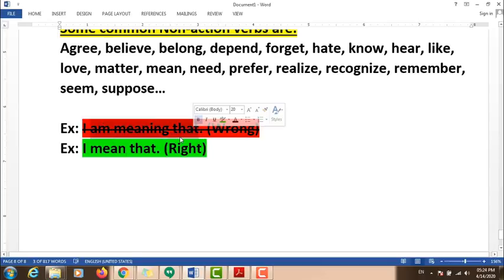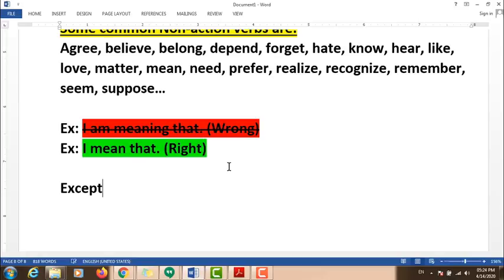But, exception. In what cases can you use a non-action verb in ing form? For example, let's take have. Have can be both.